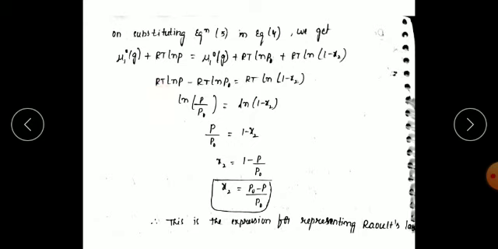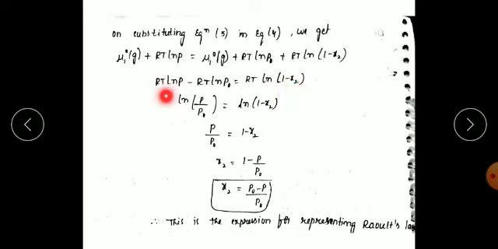So finally we get mu1 naught G on the left hand side and mu1 naught G on the right hand side, both cancel. So we get RT ln P equals RT ln P naught plus RT ln (1 minus X2). Then RT ln P naught from the right hand side is subtracted from RT ln P. Then we get RT ln P minus RT ln P naught equals RT ln (1 minus X2).